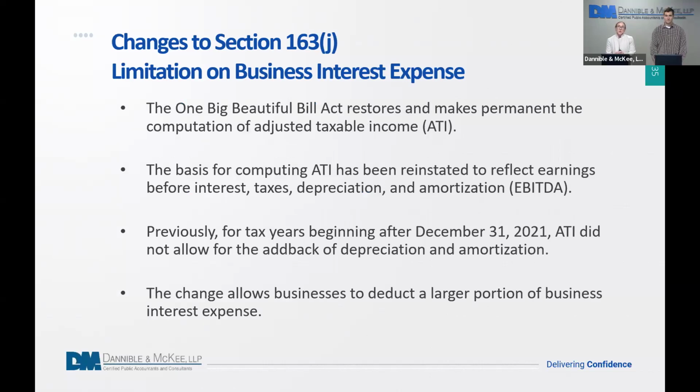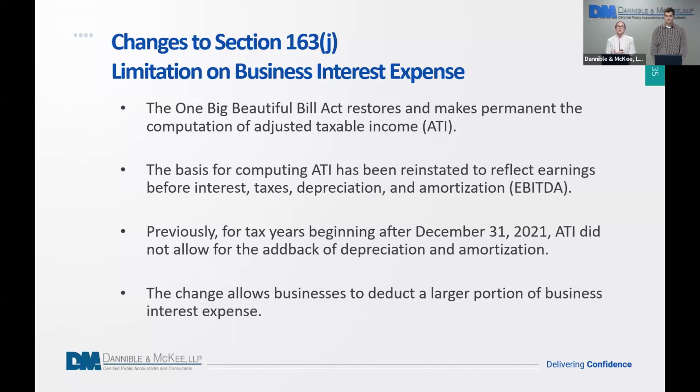The One Big Beautiful Bill Act did restore and make permanent the computation of adjusted taxable income. For tax years beginning after 2021, we saw a change in how adjusted taxable income was calculated. What the One Big Beautiful Bill Act did reintroduce is that the basis for computing adjusted taxable income has been reinstated to reflect earnings before interest, taxes, depreciation, and amortization.